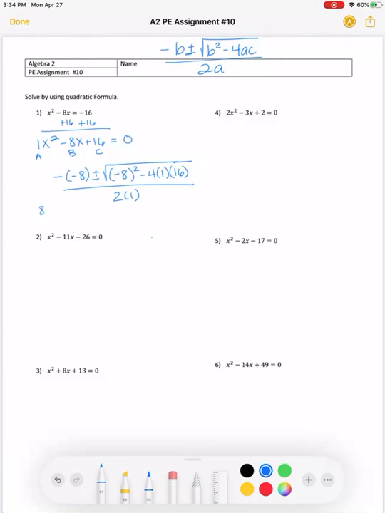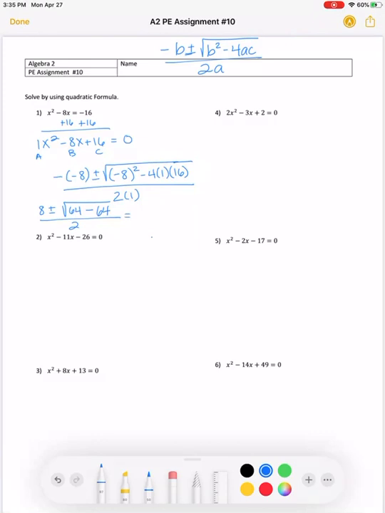Negative 8 is positive 8 plus or minus the square root of 64 minus, and you're going to take 4 times 16, which is going to give you, if memory serves me, 64. So we're going to take 64 minus 64 all over 2.